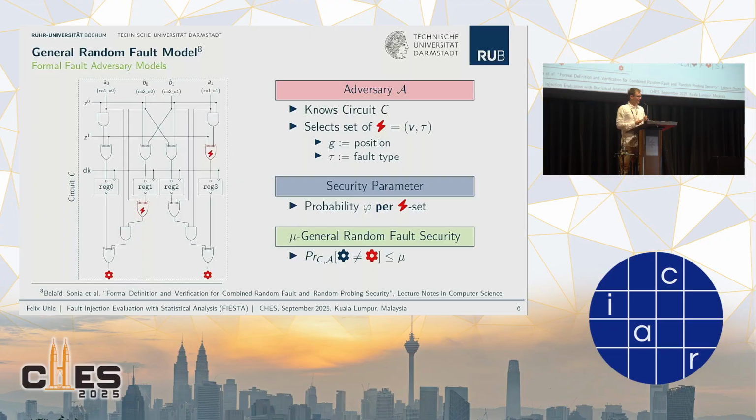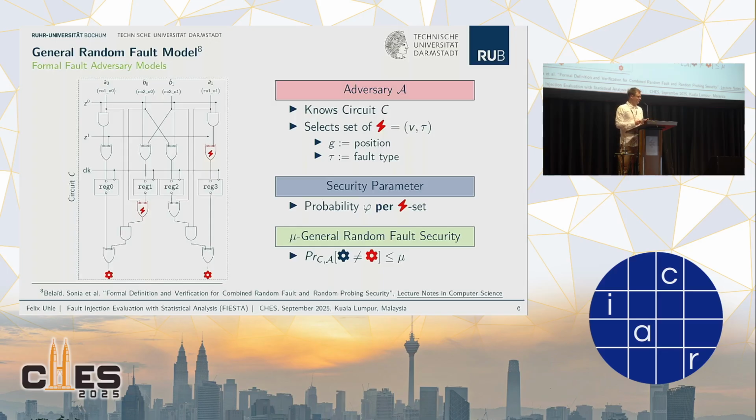This gives us higher flexibility because now we can model dependent fault combination probabilities. We have one probability per fault combination where we previously had one probability for each fault independently. However, this greater flexibility comes with the cost that we have to model a realistic fault adversary.